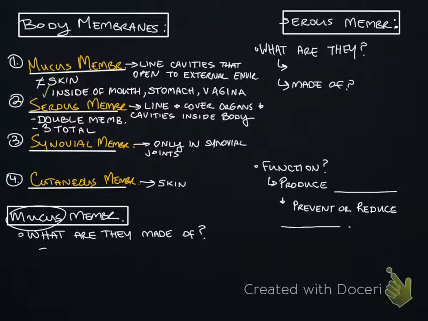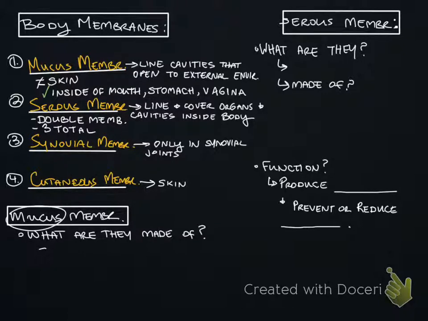The third category we have is synovial membranes. And synovial membranes are only found in synovial joints. And usually your synovial joints are the big moving joints in the body. Maybe the only one that you might not think of is your temporomandibular joint, the one in your jaw.